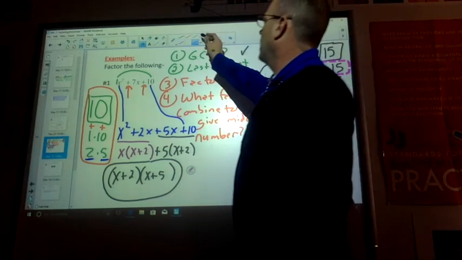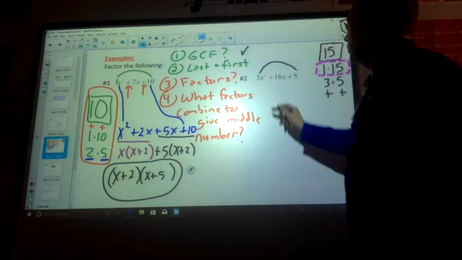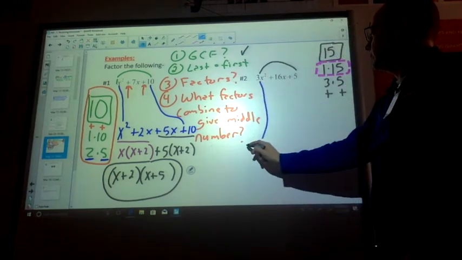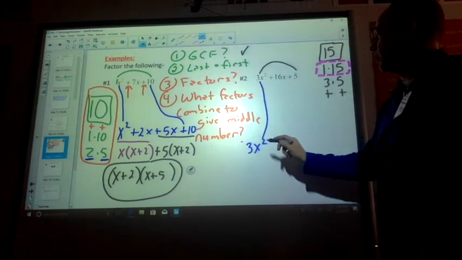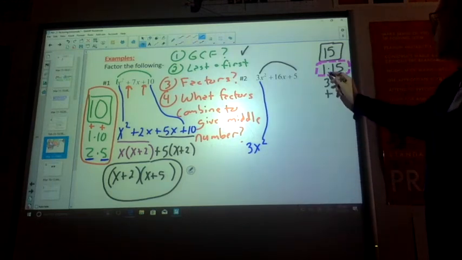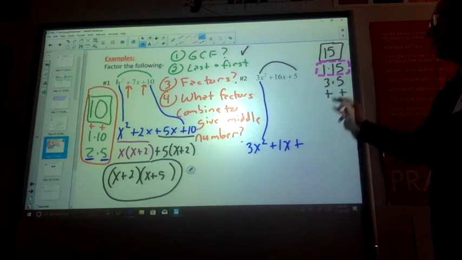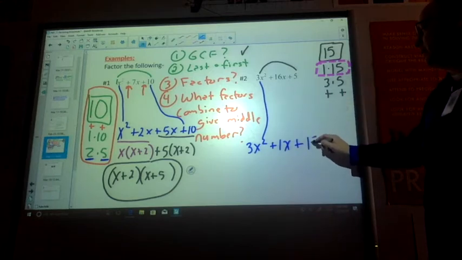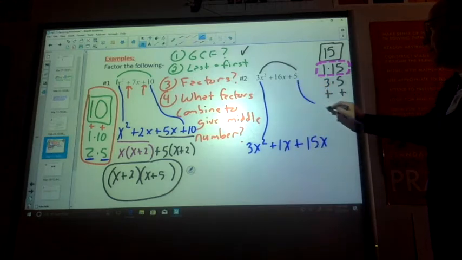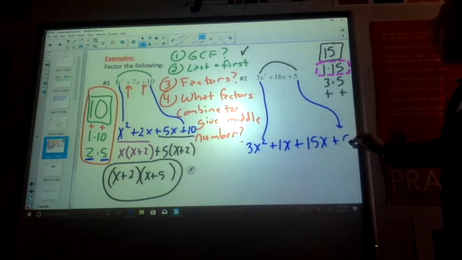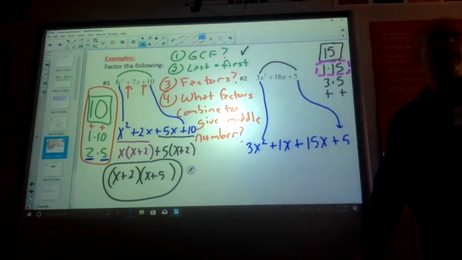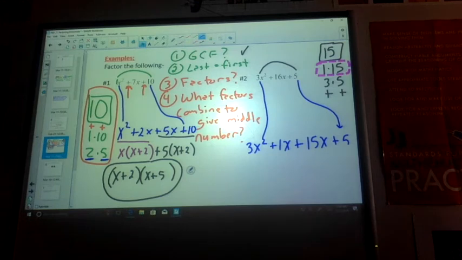All right, here we go. So 3x squared comes down. Still with me? Plus 1x plus 15x. And that comes down. So all I did is kind of split that up, but I had to make sure I did it in the right order.